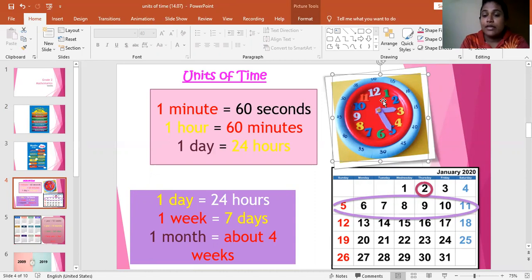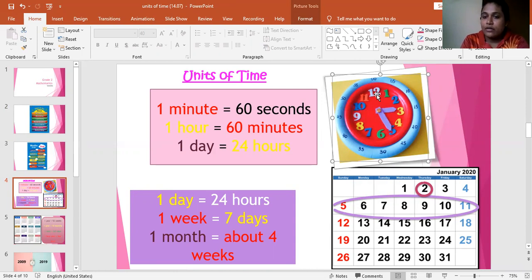It runs very fast. This says 1 minute is equal to 60 seconds. That means the second hand should move 1 round, then only the minute hand will move 1.